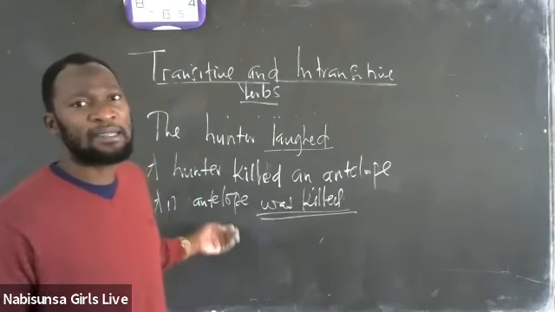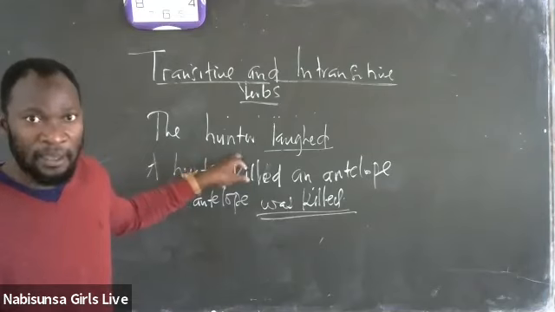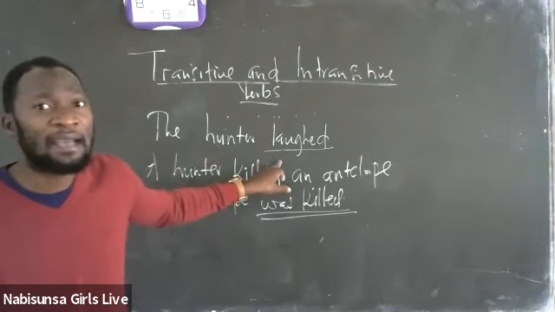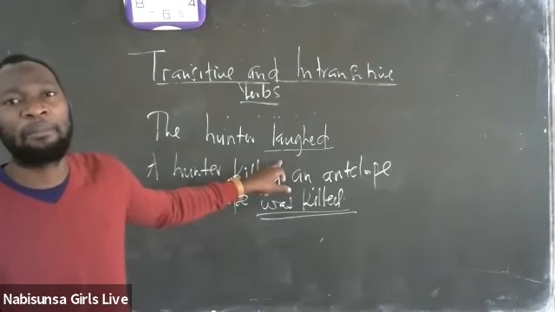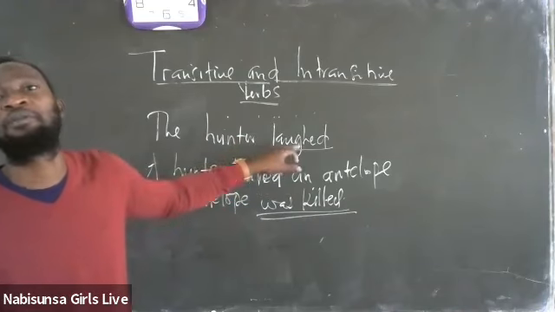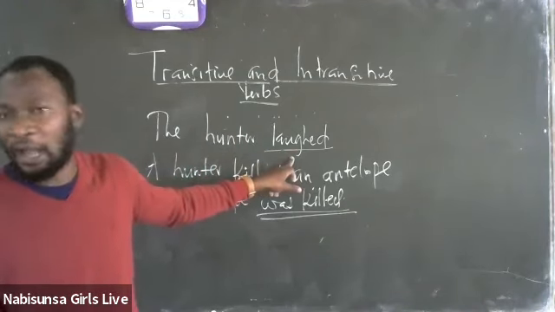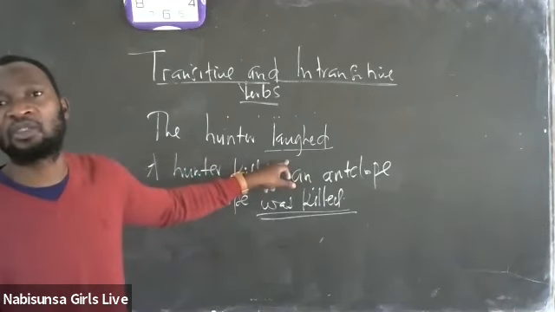This is it. So we are saying that this one here, we cannot change it to passive. "The hunter laughed." Can we change it to passive? No, we can't. There's no way we can change it to passive because there's nowhere we are beginning from. Can you say "laughed the hunter"? We cannot because we're not interested in the doer of the action. We're interested in the action itself.